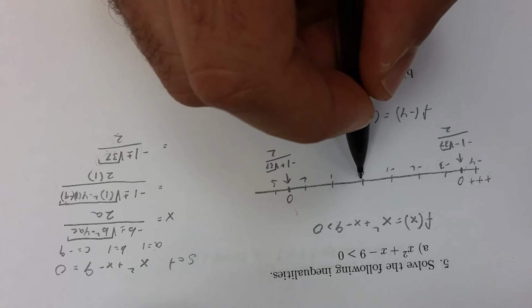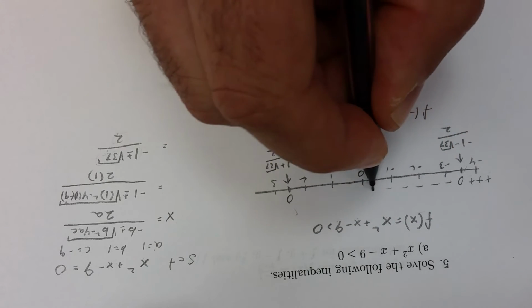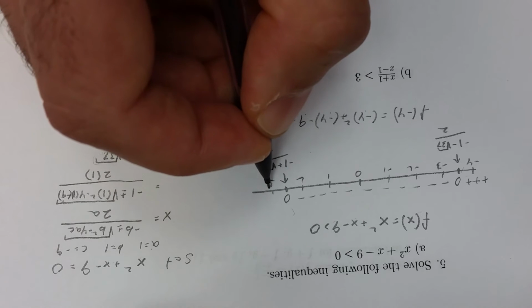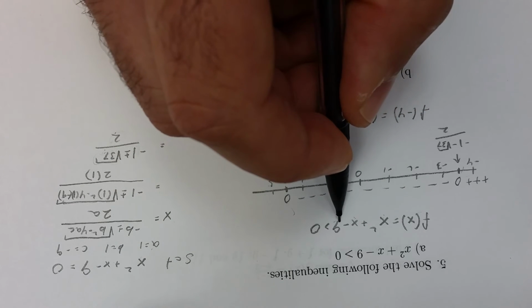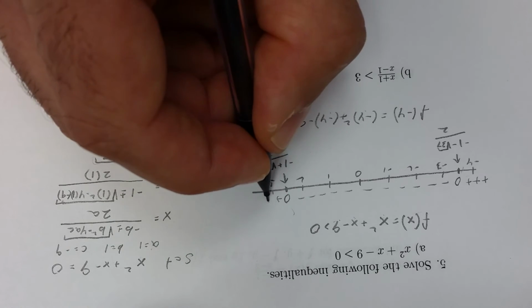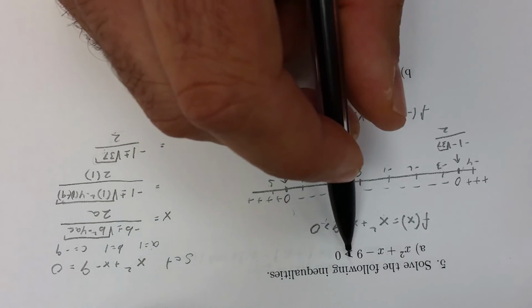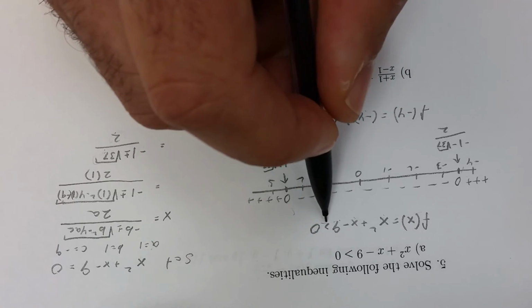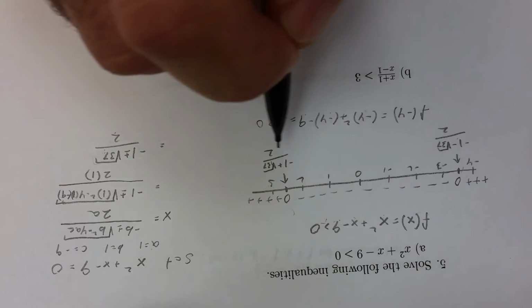If we plug in 0, we get 0 plus 0 minus 9, it's negative. And if we plug in 3, we get 3 squared, that's 9, plus 3 is 12, minus 9 is 3, that's positive. This says we are looking for where the whole thing is positive, not 0, so we don't include these 2 points, just positive.